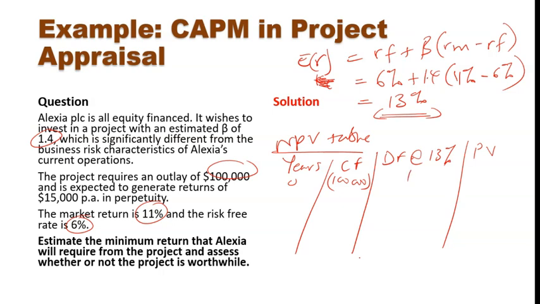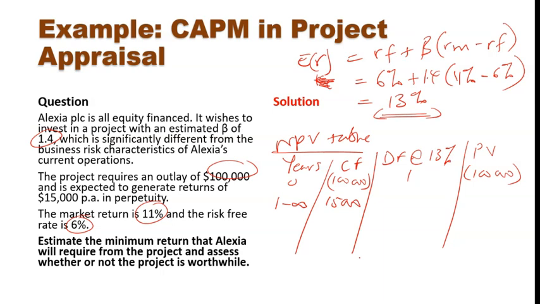Year 0 discount factor is 1, and we get our negative 100,000. And then this project is going to generate returns of 15,000 per annum to infinity. So that's from year 1 to infinity, 15,000 which we are going to get.